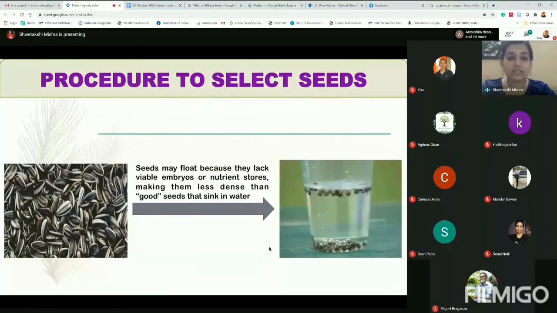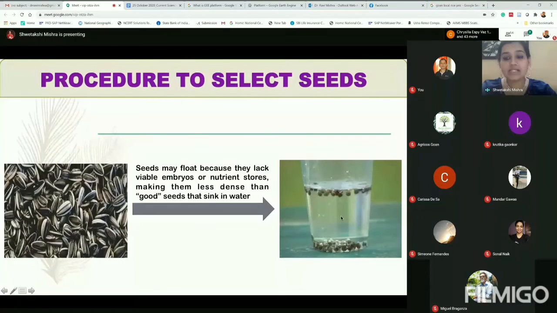Even before going to the seed germination test, a simple procedure to select seeds which could be good, that means to predict, is using a glass of water and inserting the seeds inside it. When I submerge the seeds in a glass of water, the seeds which sink are actually good and the ones which float are not appropriate.